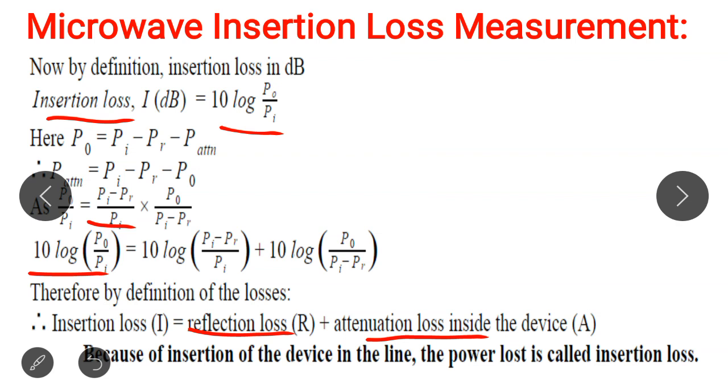So the insertion loss is 10 log P0 by Pi, the reflection loss R equals 10 log of Pi minus PR divided by Pi, and the attenuation loss is 10 log of P0 upon Pi minus PR. Because of the insertion of the device in the line, the power lost is called the insertion loss.